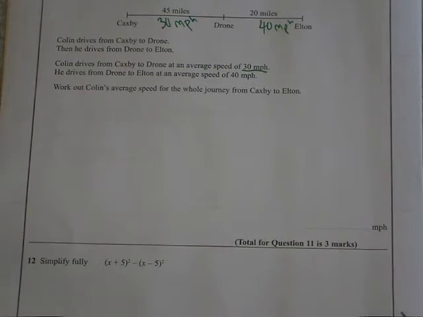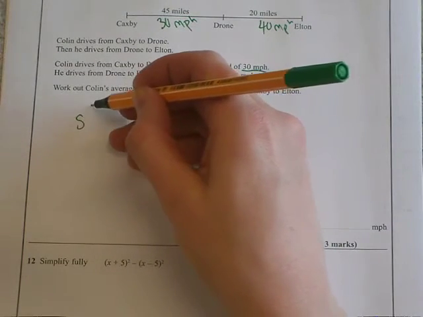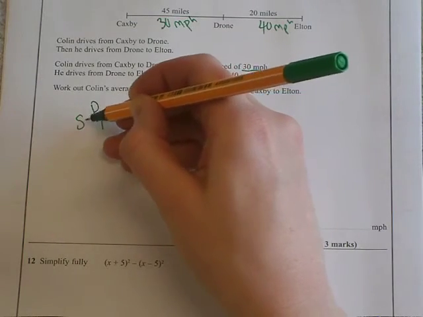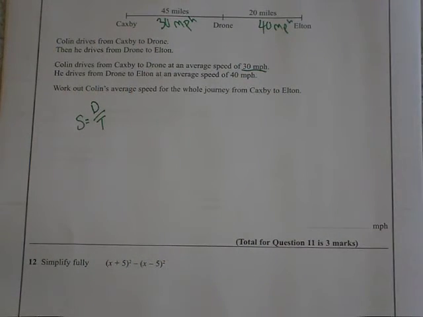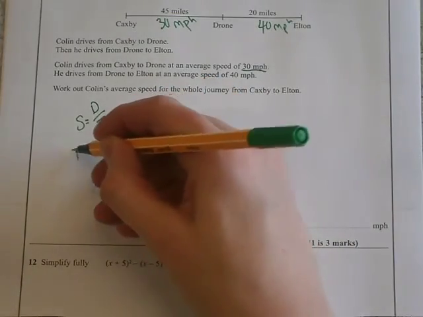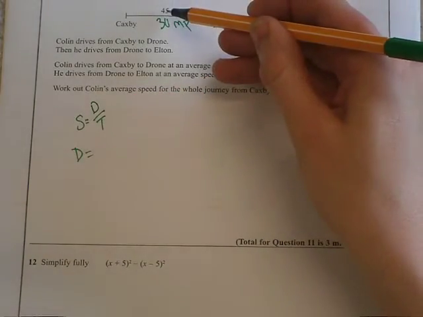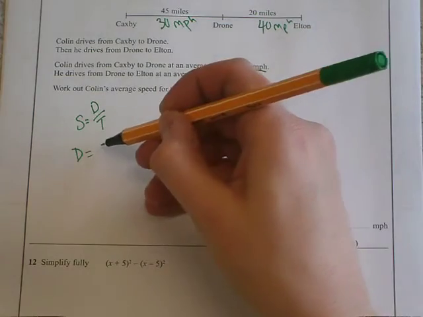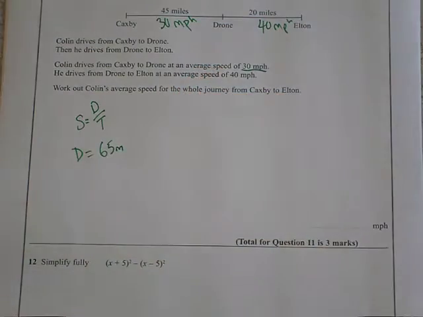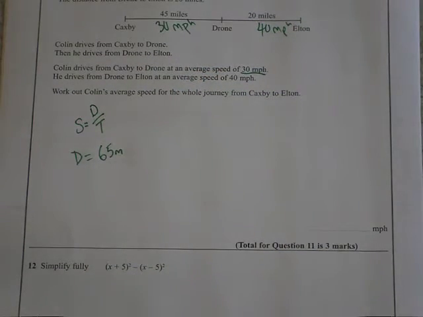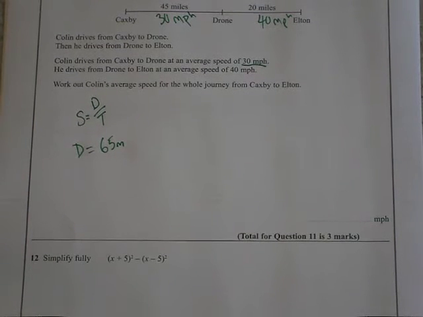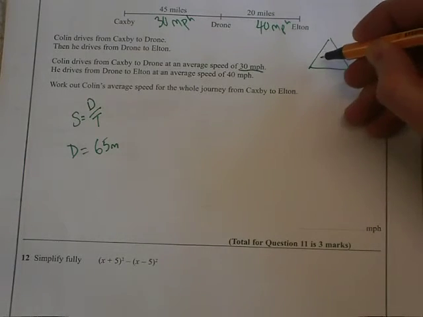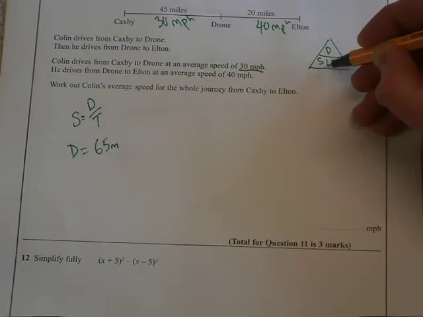So, what we need to do then, we know that speed is distance over time. So in order to find that average speed, I'm going to need to know the total distance and the total time. Now the distance is quite simple because I've been given 45 and the 20, so that's going to be 65 miles. And now I'm going to have to work out the time. I can use one of these conversion triangles if I want to. So speed is distance over time.